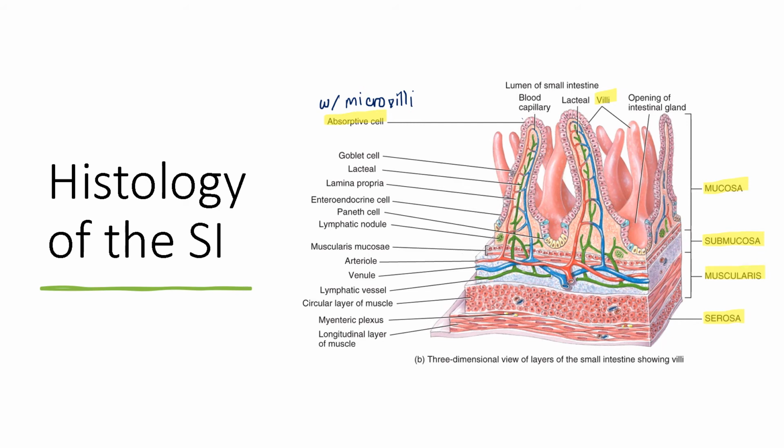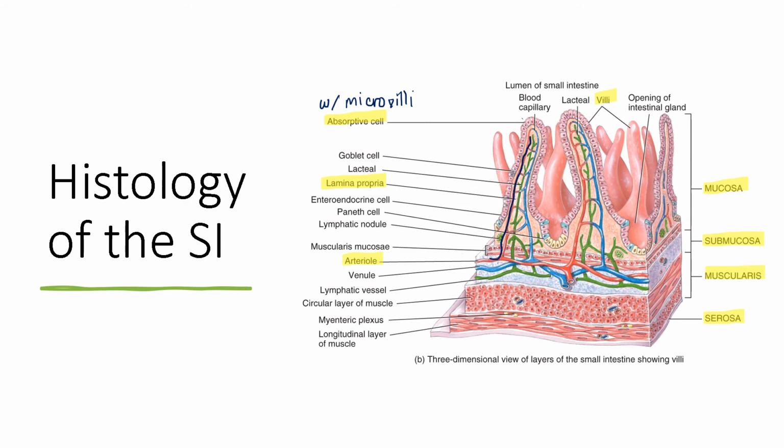Each villus, which is the singular of villi, is covered with epithelium and has a core of lamina propria. Embedded in the connective tissue of the lamina propria, we have an arteriole. You can see the little red within the lamina propria there, but these red blood vessels go up into the villi here.